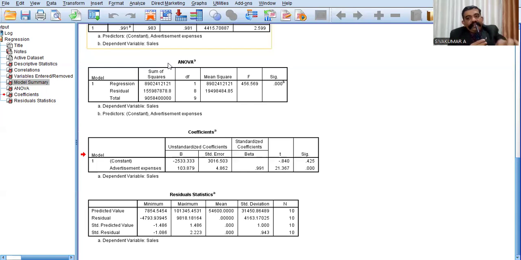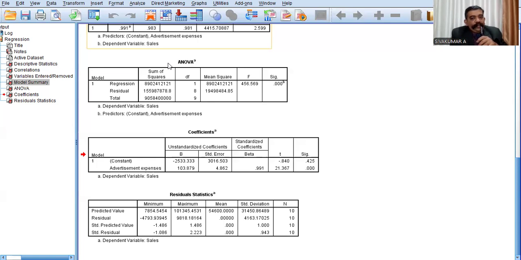Sales is equal to a plus bx. That means sales is equal to the constant a, minus 2,533.333, plus b times x, that means advertising expenditure multiplied by 103.897. That is the regression equation. I will explain again. From the coefficients table, you can write the regression equation y is equal to a plus bx.